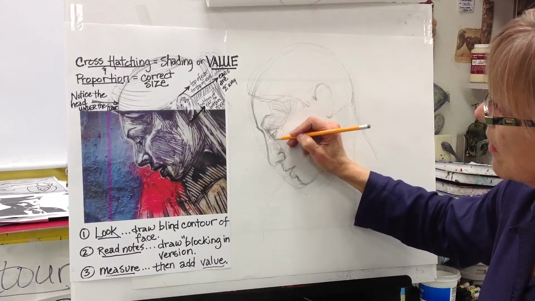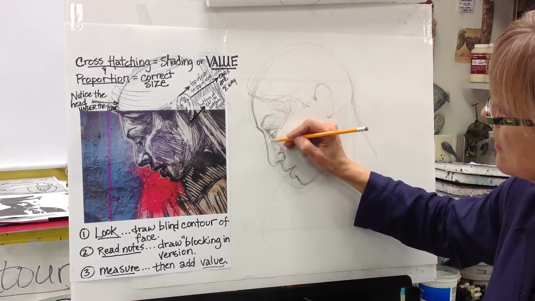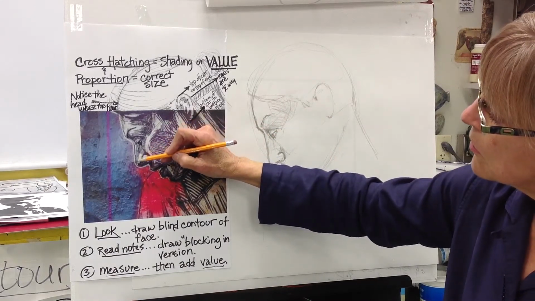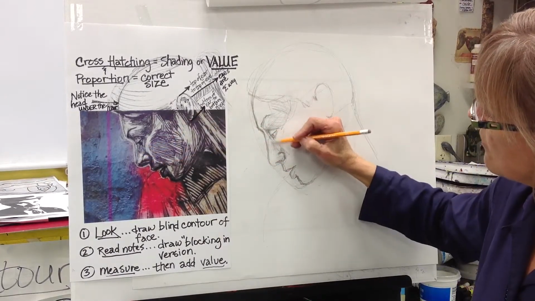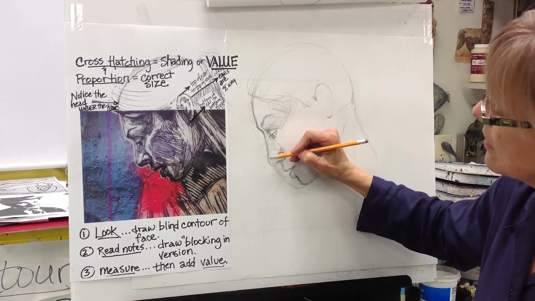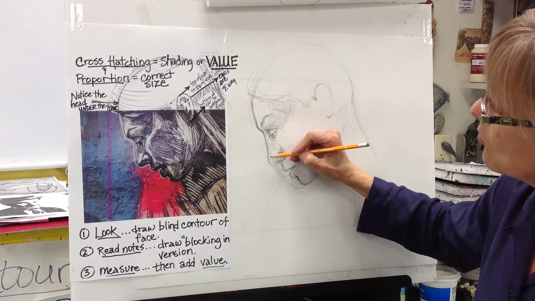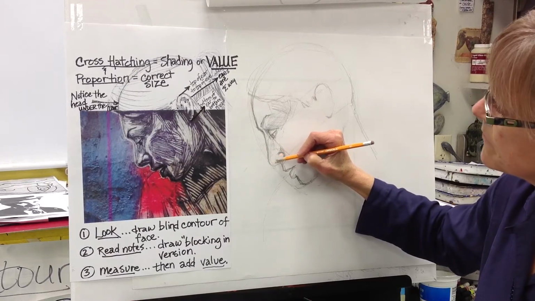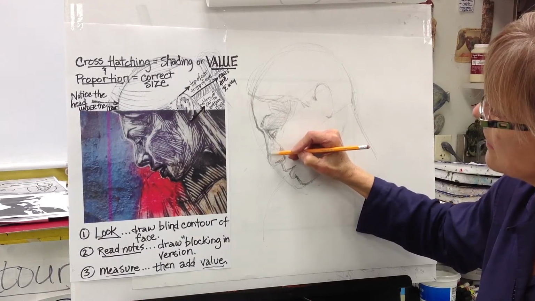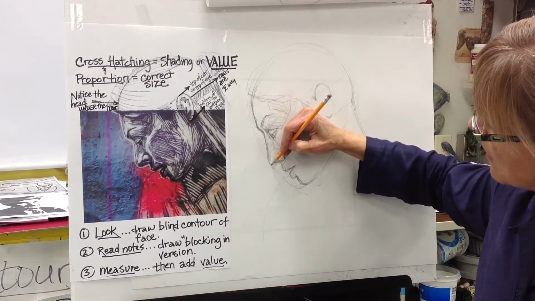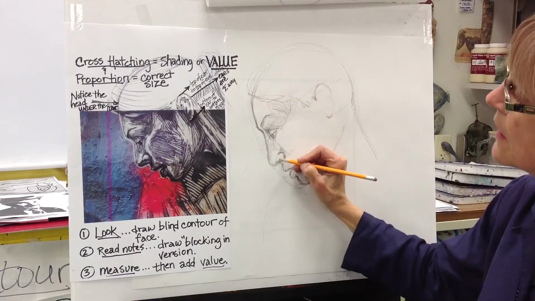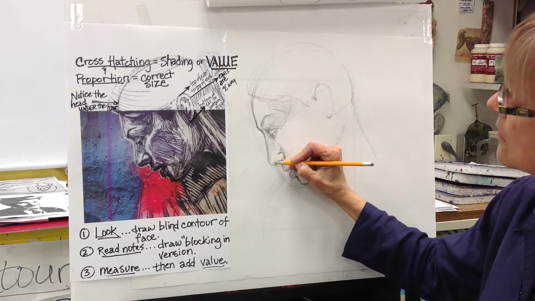So we are pulling these lines down slowly, noticing that they create a feeling of form. This white right here, there's a white shape where the light is hitting. And if I lightly do my cross-hatching around that white shape, it will give me a nice feeling of roundness.